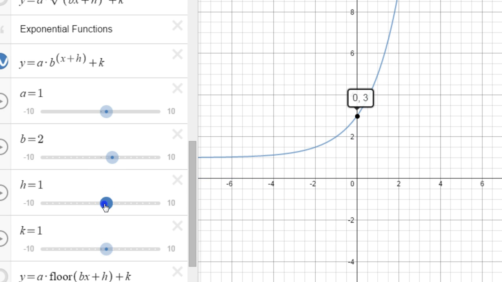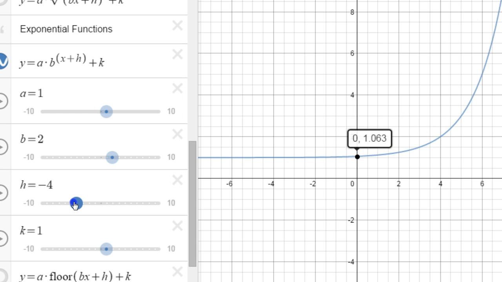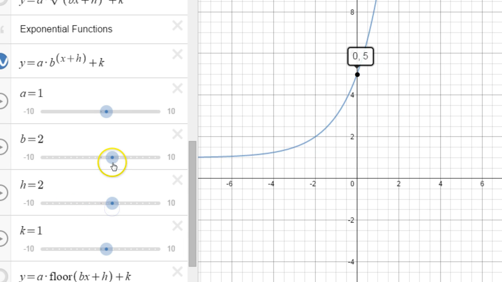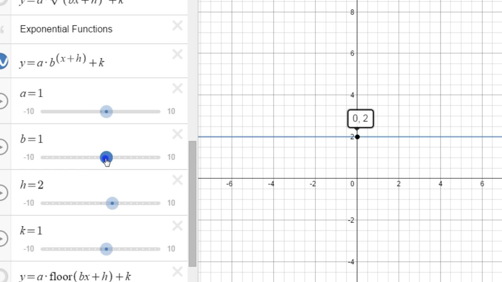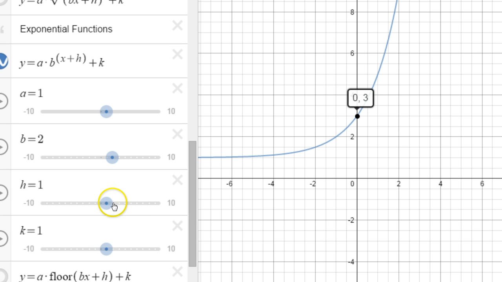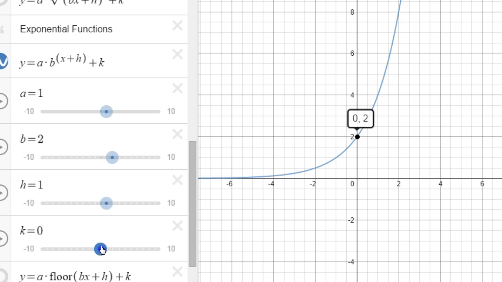Now, if you do have negatives with h, it's just going to make it smaller at this point. Now here's the cool thing. If we make b negative and work around it, you're actually going to see that you get some impossible situations. So be careful when you're working on this. Just be very careful how you work with this one.